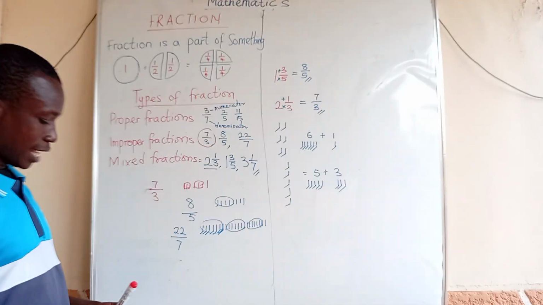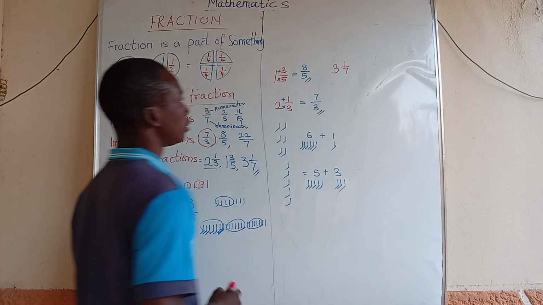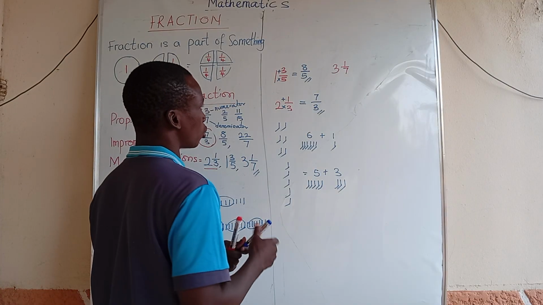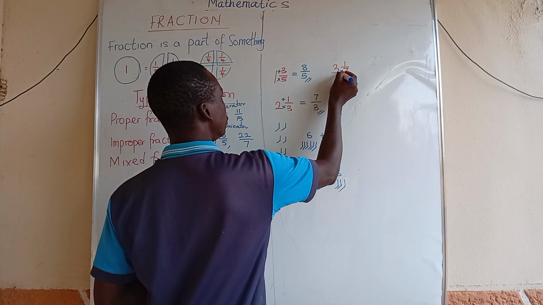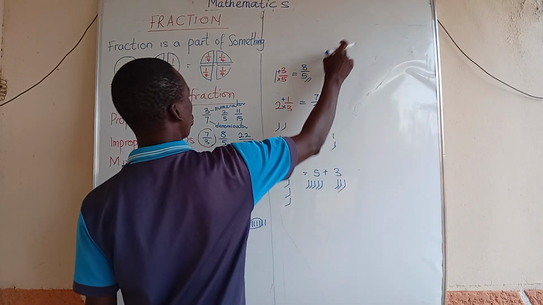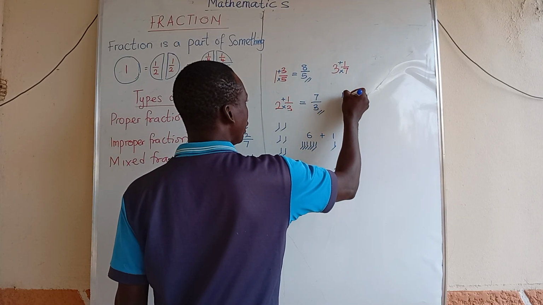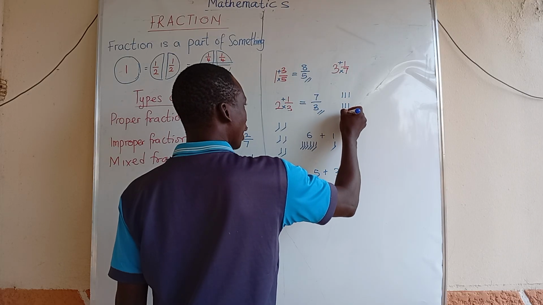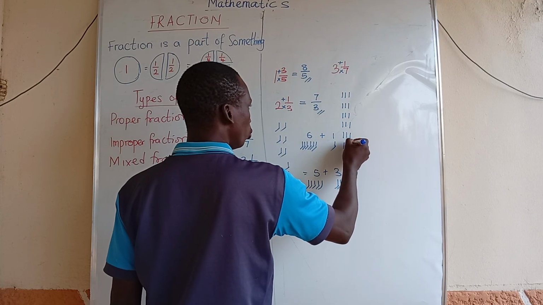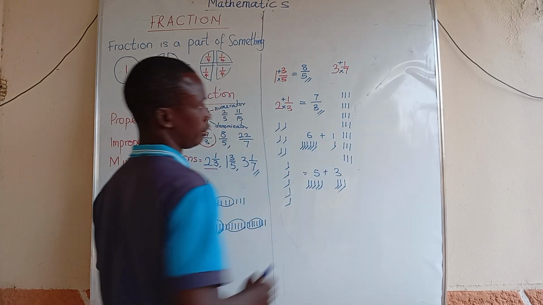Let's look at the last one, which is 3 whole number 1/7. How do we solve this? Remember how we solve it. We multiply the whole number with the denominator and add the numerator. So that means we'll say 3 times 7 plus 1. 3 times 7 means count 3 in 7 places. 1, 2, 3, seven times.